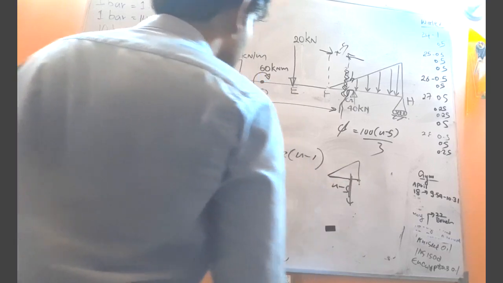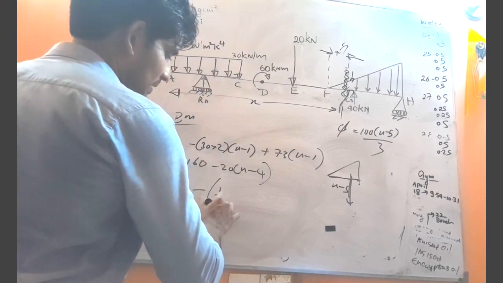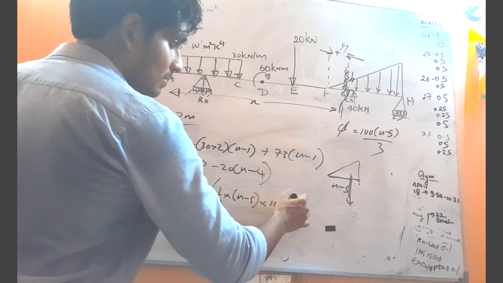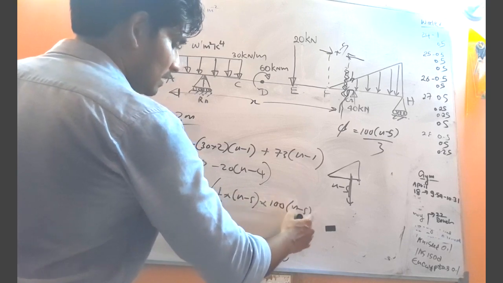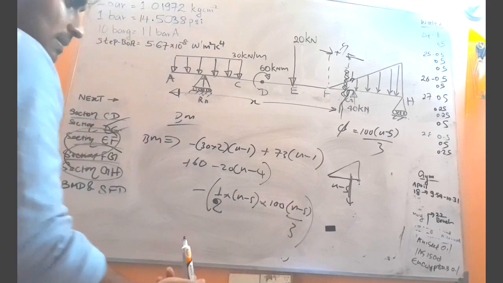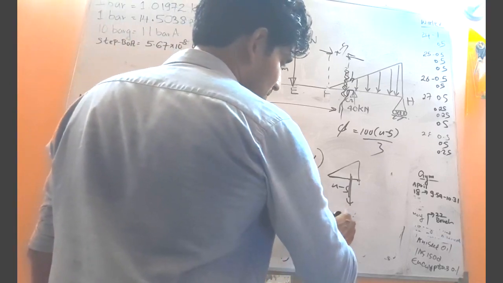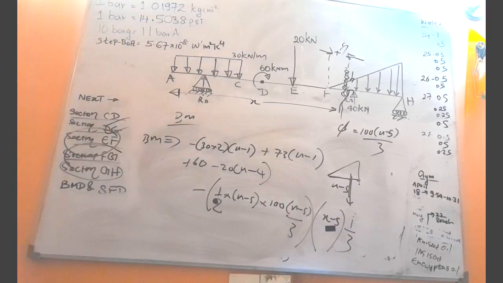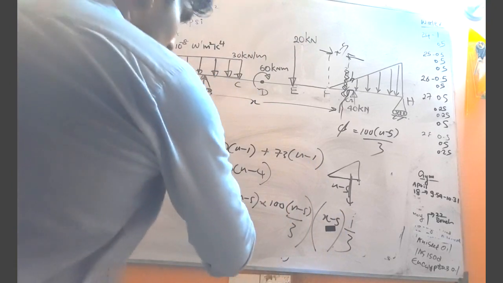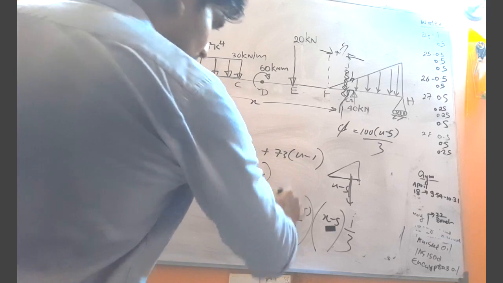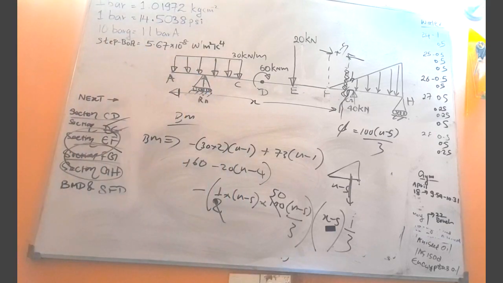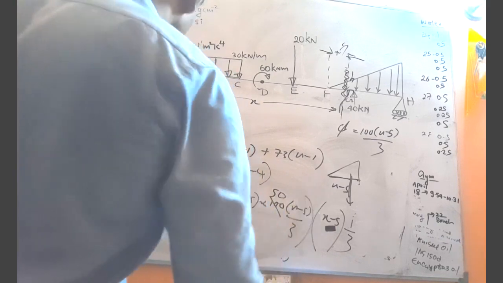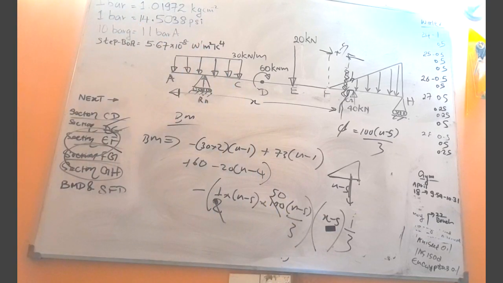So then minus the area, half into base x minus 5 into height 100 into x minus 5 divided by 3, then 1/3 of the base length, x minus 5 divided by 3. 2 cancels with 50, so it will be 50 divided by 9 x minus 5 cubed. I think that is the equation.